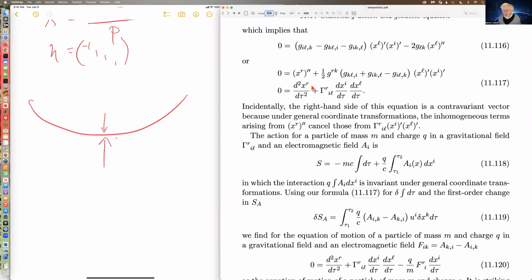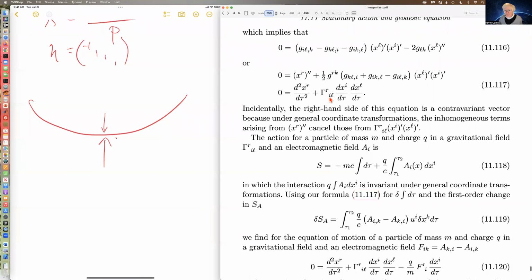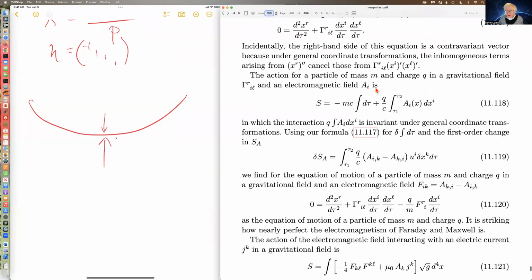This whole right-hand side here is a contravariant vector. The dτ is a scalar, and there are inhomogeneous terms that arise from this, and they cancel, and that's why this thing is a contravariant vector.